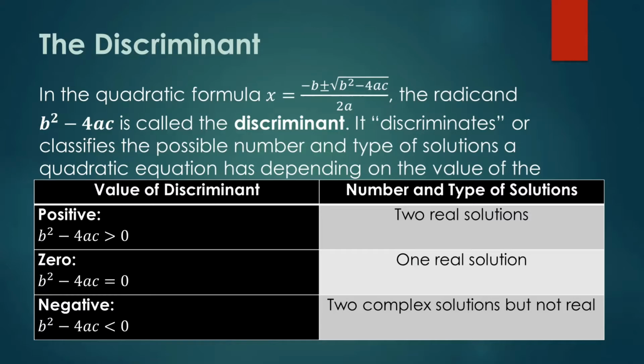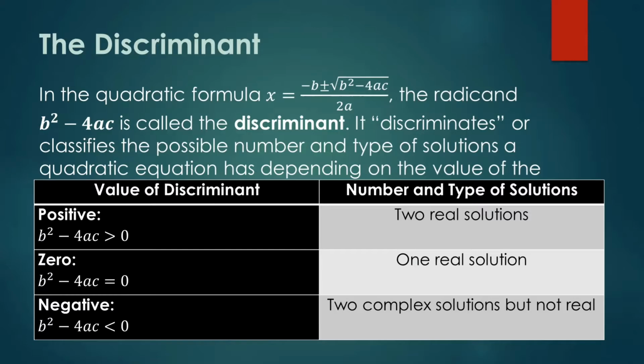And the next, if the discriminant is negative, which is negative 1 to negative infinity, then we have two complex solutions, but they are not real. So we are imagining the solutions, pero hindi siya real. So that's how we are going to identify the number of solutions and the type of solutions using the discriminant.